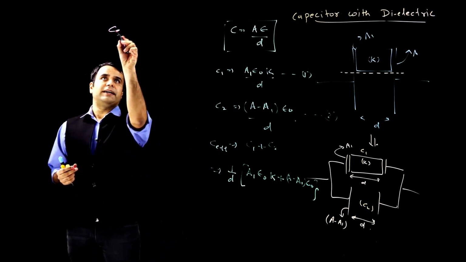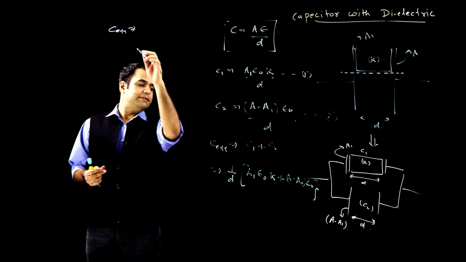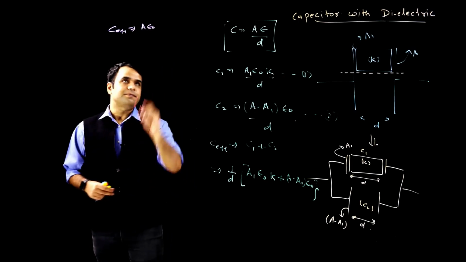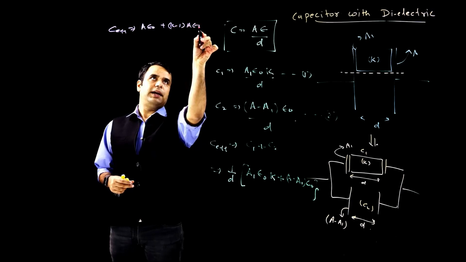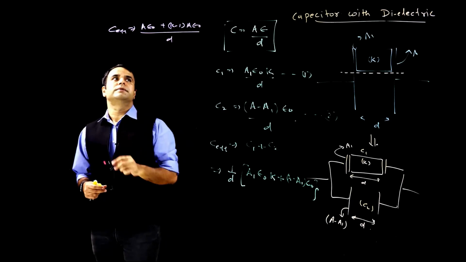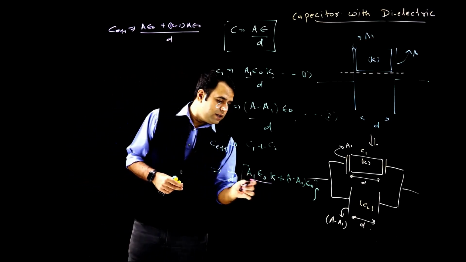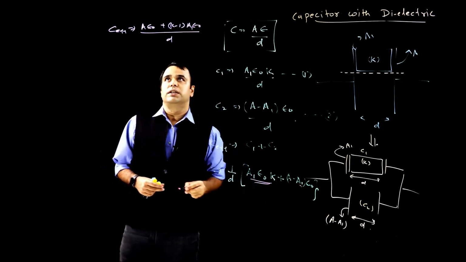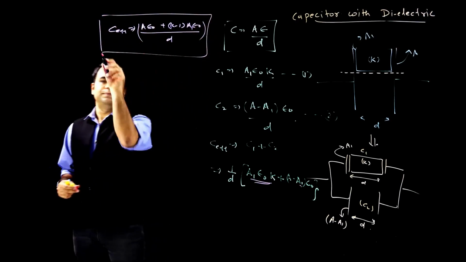So the C effective will be A epsilon naught plus (K minus 1) A1 epsilon naught, divided by D. I've taken A1 common, sorry, this is A1. So this becomes the effective capacitance for the system.